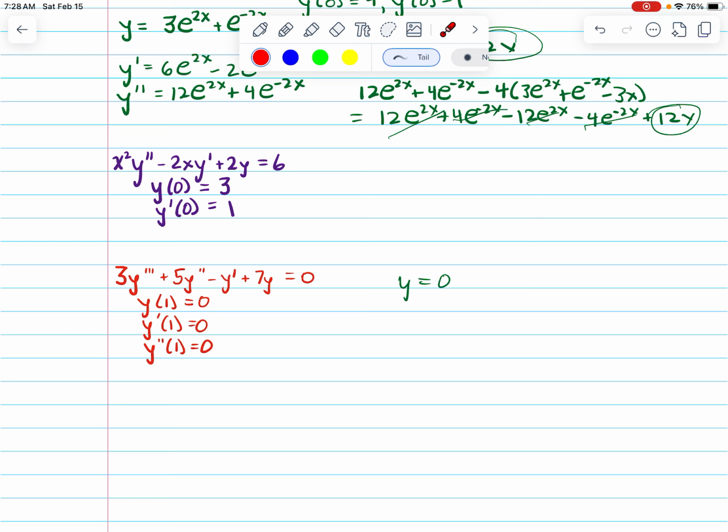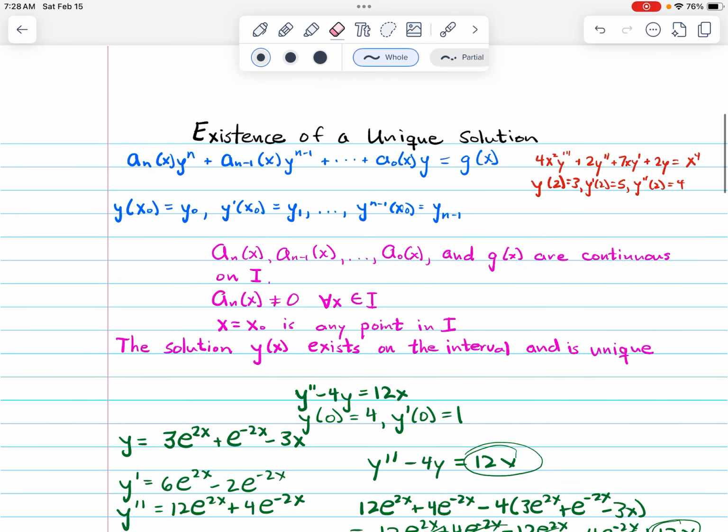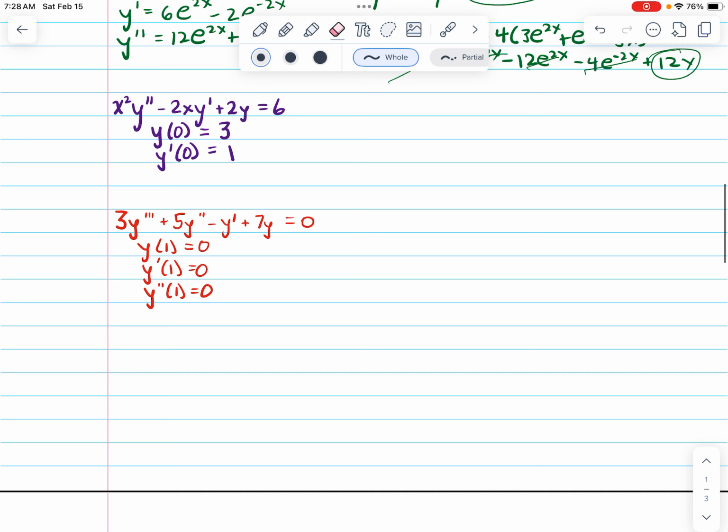You don't need to work on it anymore after that. Okay? So that's why knowing this information up here can be helpful to you, because you don't have to do any work. They're just saying the trivial solution, y equals 0. Yeah, I knew that already.